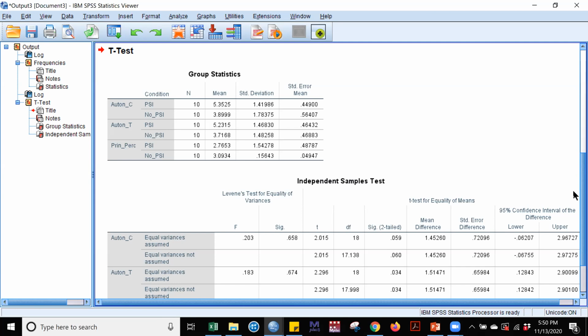What you might do is report it per group and then also total. So there are a variety of ways that you can do that. As time allows, I will illustrate that in a separate video.